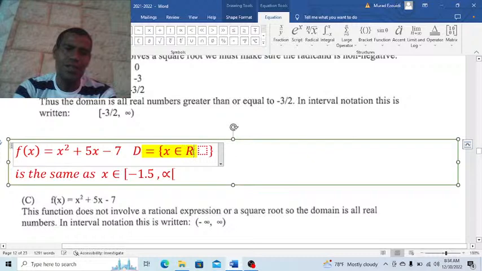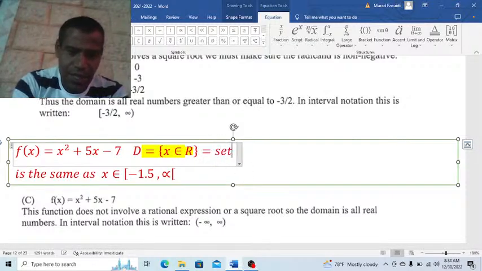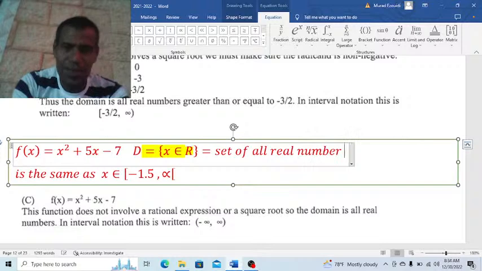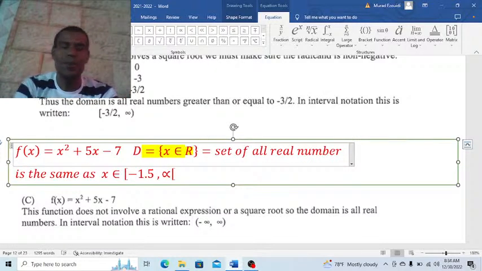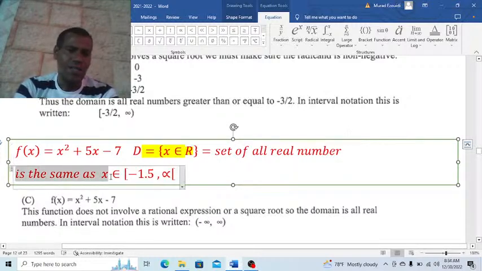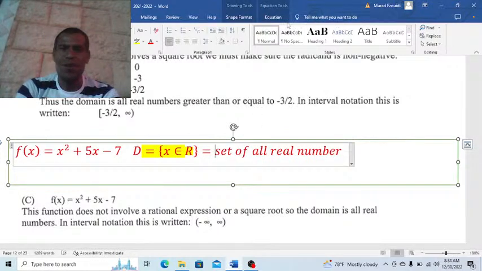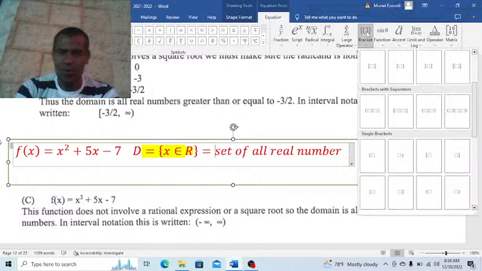So it means the domain is real, the set of all real numbers, which means R. Therefore, learners, it's clear that real numbers in terms of infinity will be equal to the open interval from minus infinity to plus infinity.